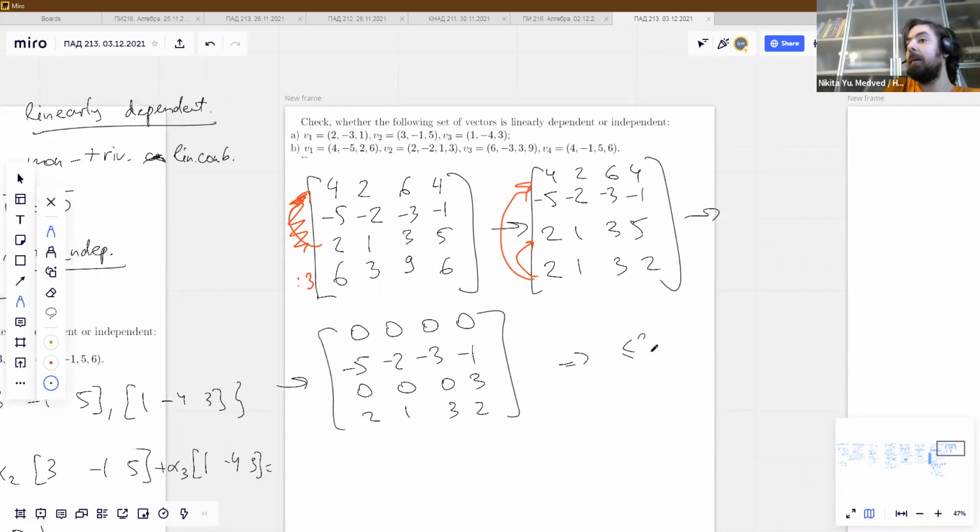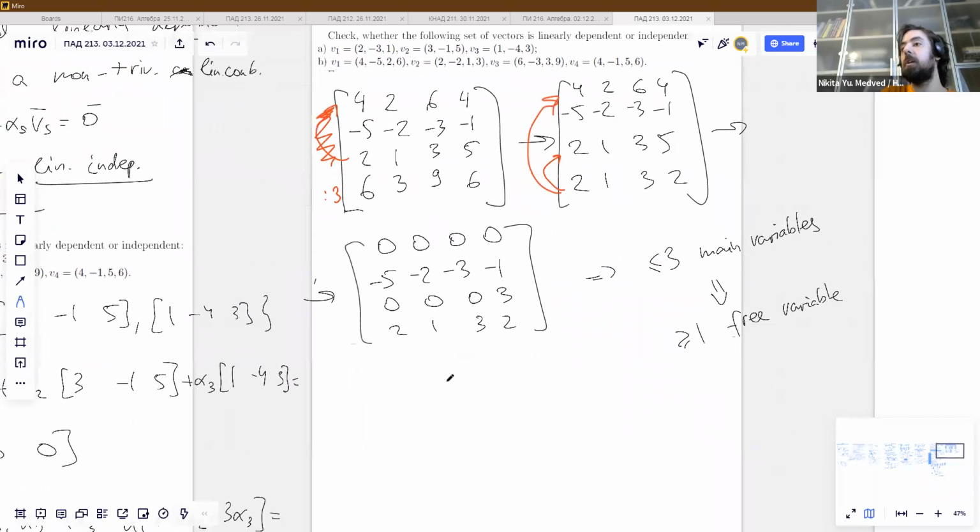So there are no more than 3 main variables. Thus, there is at least 1 free variable. Automatically, it follows from this system. So this 1 free variable means that solutions exist.